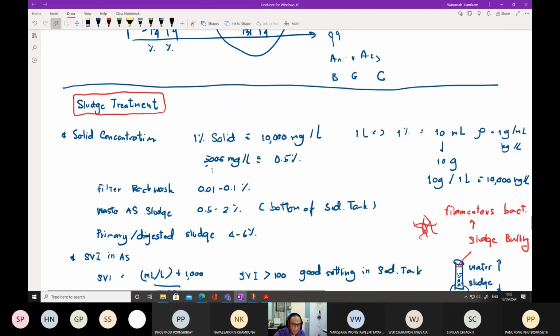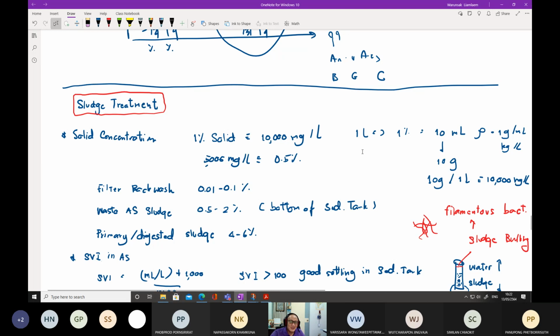So if we say 5,000 milligrams per liter, it's equivalent to 0.5%. So 1% of the solids means in 100, 1 is the solids, and the remaining 99 is basically water.